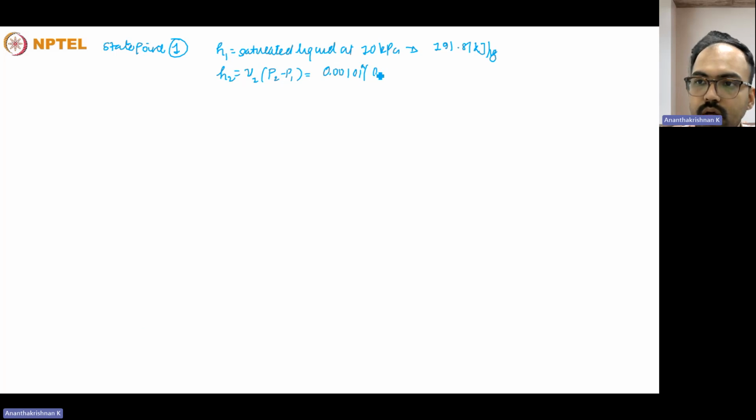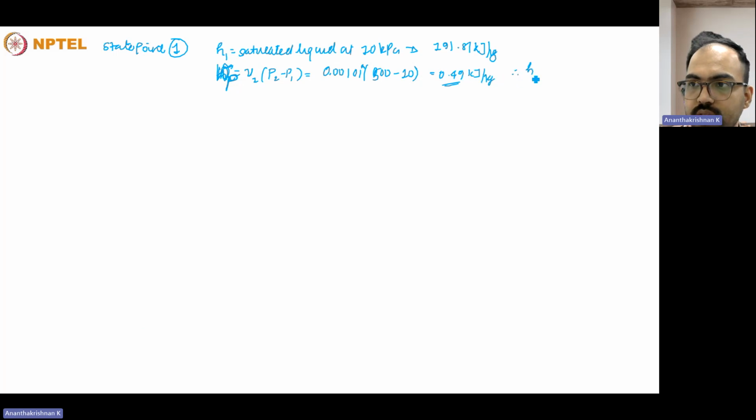So that will be equal to 500 kilopascal minus the starting pressure, which is 10. So 490 into 0.001. This is the work in the pump. Sorry, there was a mistake. Work in the pump. So that will be somewhere around 490 into 0.001, basically 0.49 kilojoule per kilogram.